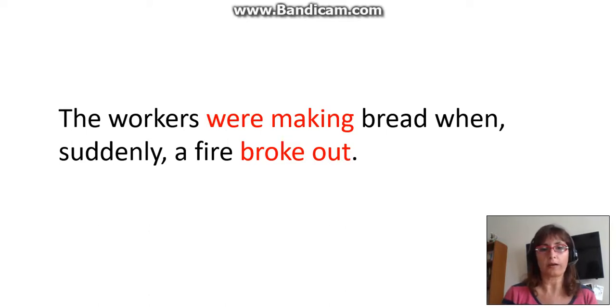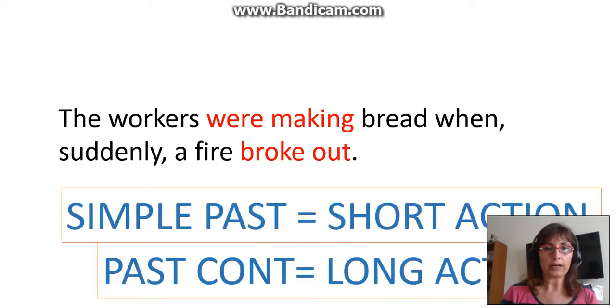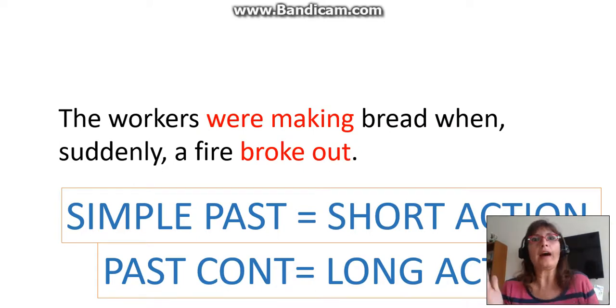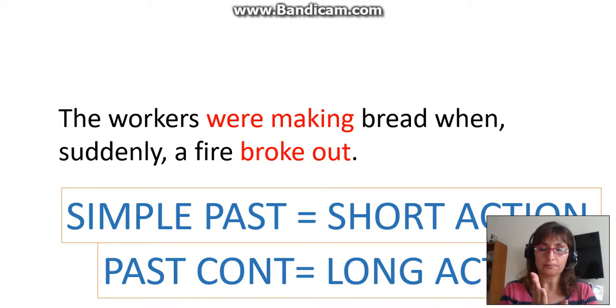It's a short one. The fire broke out was 1 minute. The fire suddenly broke out. And if you look at the other action, were making, it's a long action. The workers were making bread for 1 hour, 2 hours, 3 hours, 4 hours, 5 hours, when suddenly a fire broke out. And in this case, the fire broke out interrupted the action of making bread.